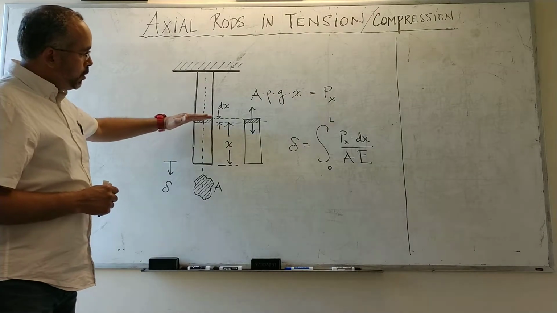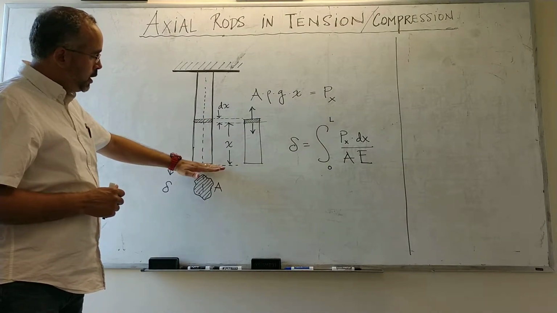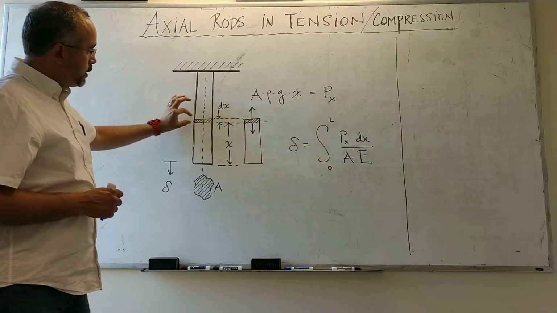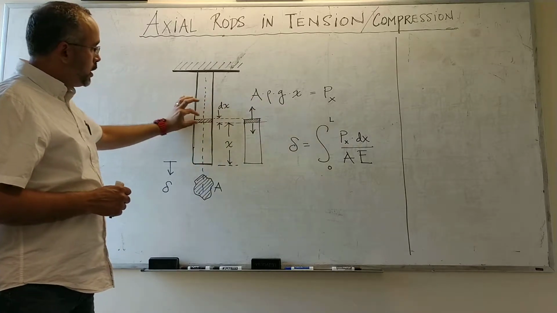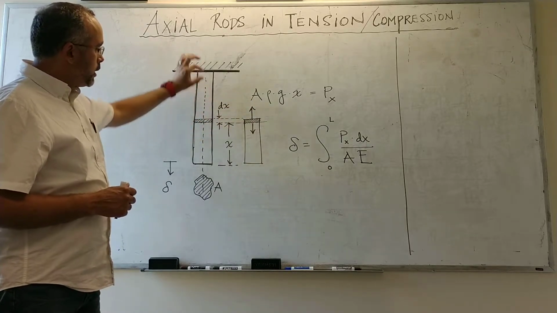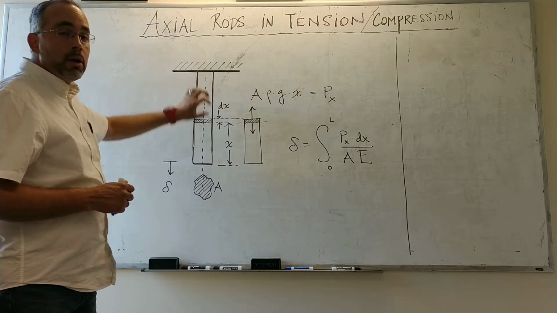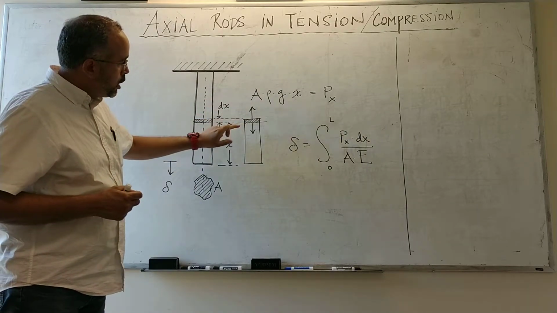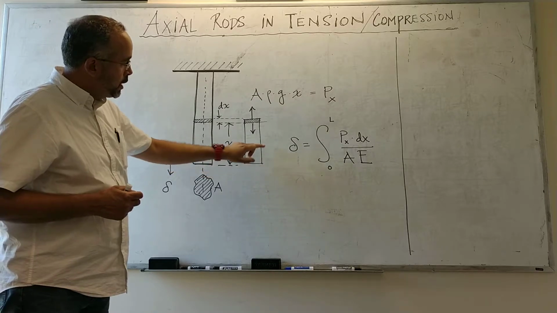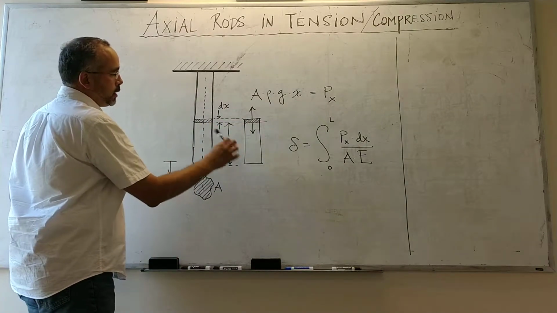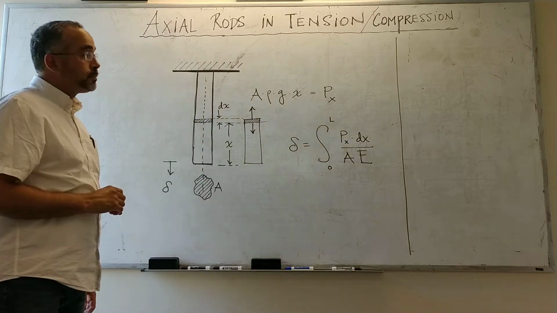So if you pick any point, X, from the tip, you will find that the differential slice, which we can think of as one rod in an infinite number of rods in series, is subjected to a weight equal to the weight of the rod underneath that section.